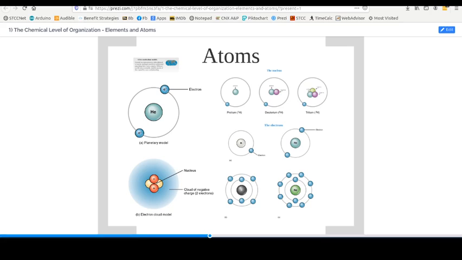So again, using models makes it possible for us to consider what an atom is. And the models that we use here are reduced down to what we need to use for this class. Now, there are two models represented in the atoms here, but they're both a little bit simplified for the purposes that they need to be used.